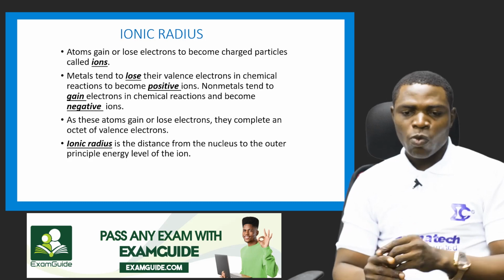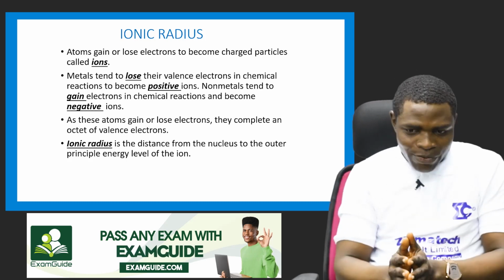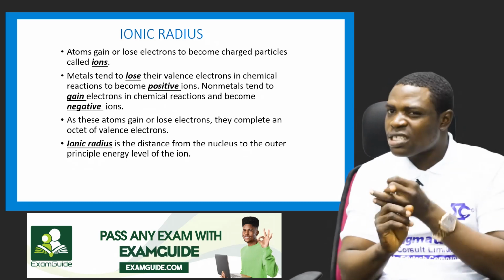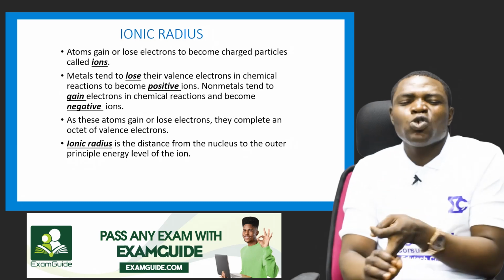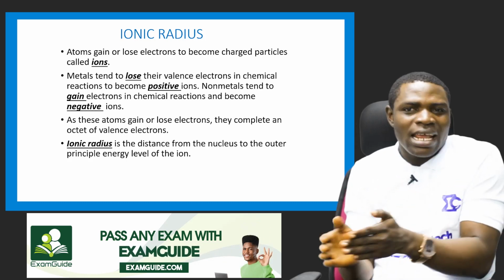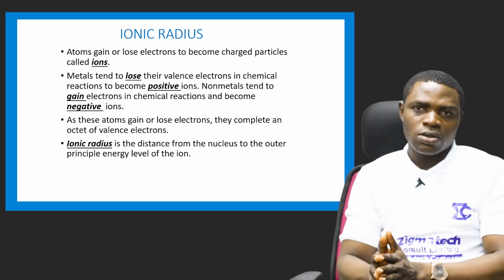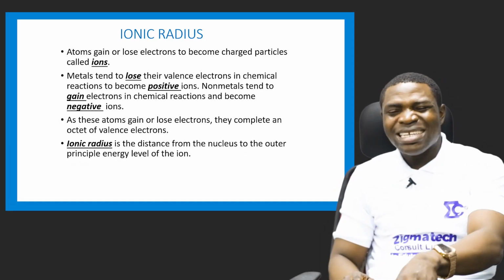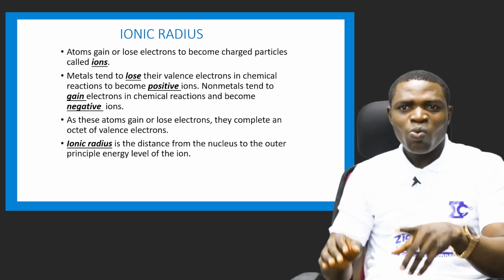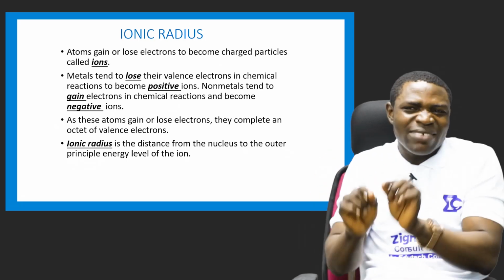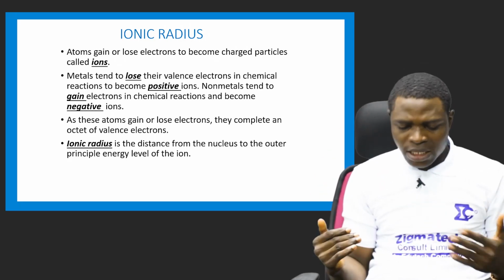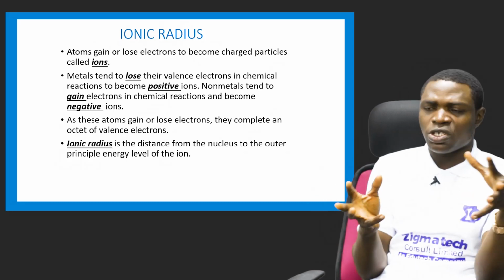In fact, for metals to be reactive, to be stable, and to participate in chemical reaction, most often they have to lose electrons. And when they lose electrons, they become positively charged.